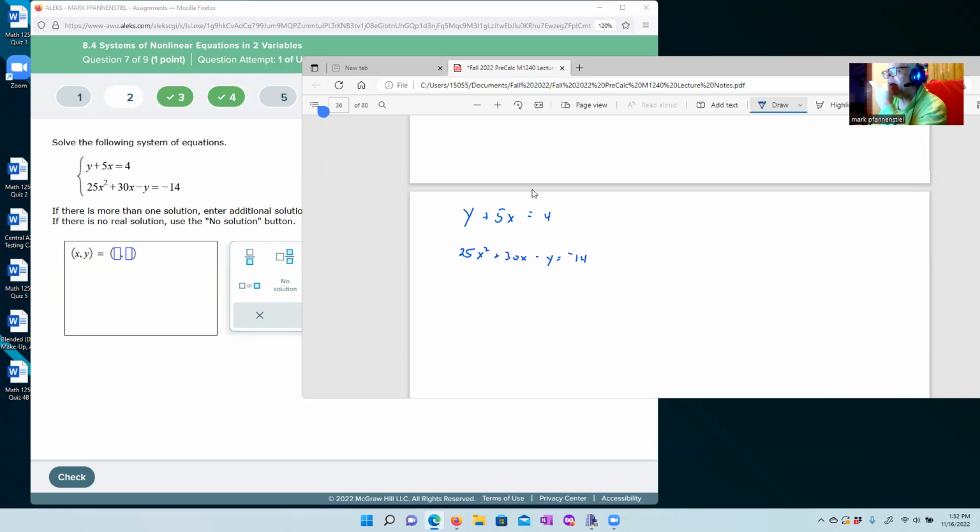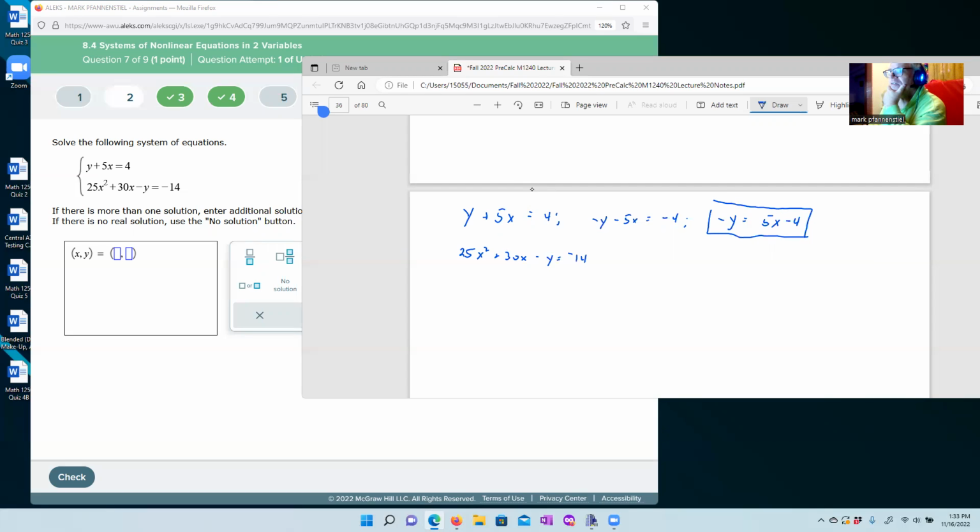Could I shuffle and say something like negative y minus 5x is equal to negative 4? All I did was multiply everybody by negative 1. And then we could say something like negative y is equal to 5x minus 4 by adding 5x to both sides. There are dozens of ways you could have done this.